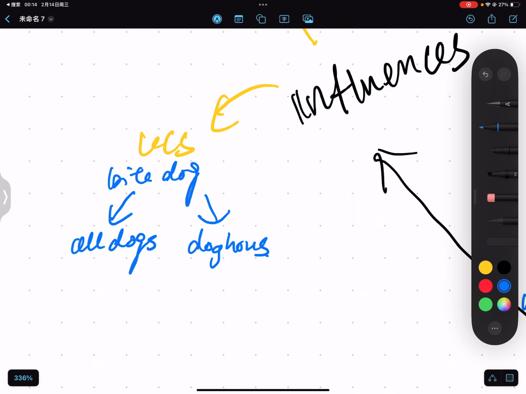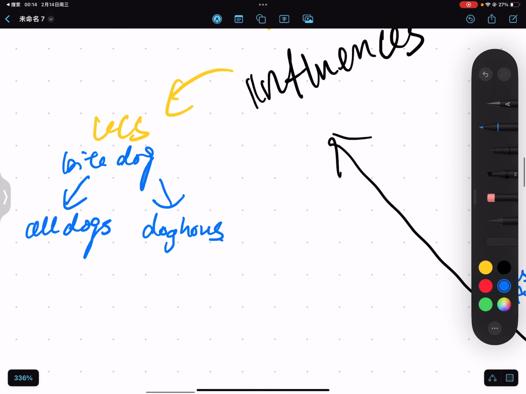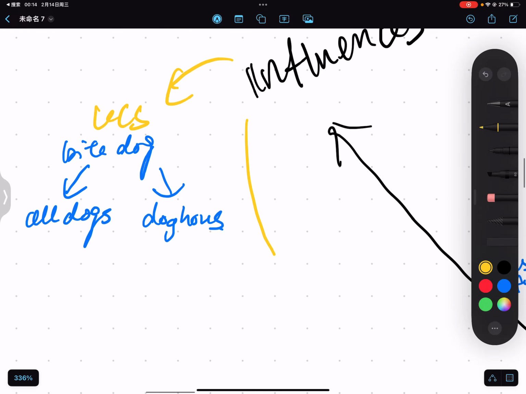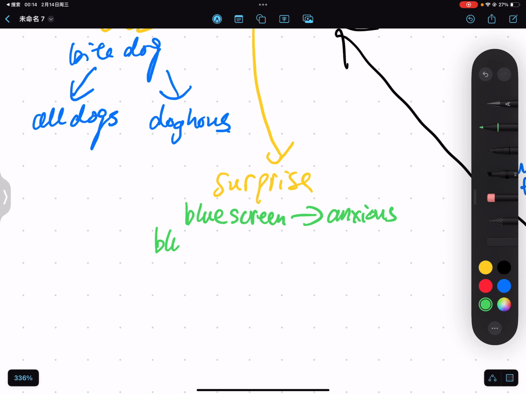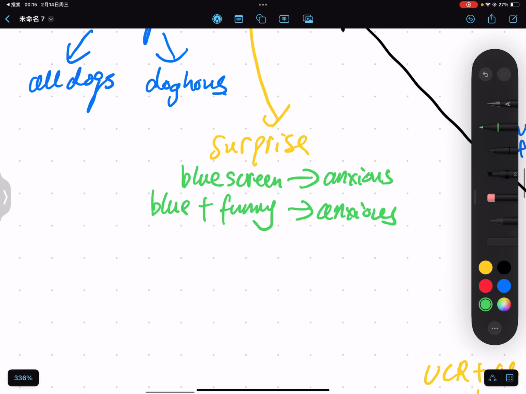And finally, the element of surprise. For example, your computer has a blue screen and then you will be anxious because you know it is broken. And next time, your blue screen has a funny sound, and you are also anxious because it's also a signal of the blue screen.